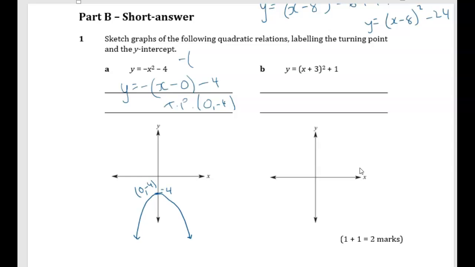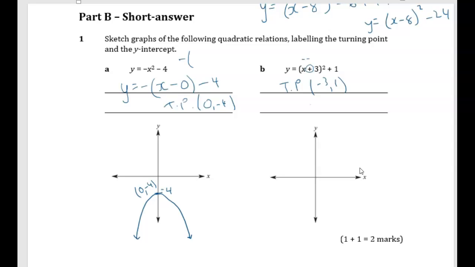All right, this one here, we have a turning point at negative 3, 1. So remember this plus sign we can rewrite as negative, negative to remind us that it is negative 3. So this graph is a positive graph that's been shifted up 1, so it doesn't have any x-intercepts, but for your y-intercept, we let x equal 0.